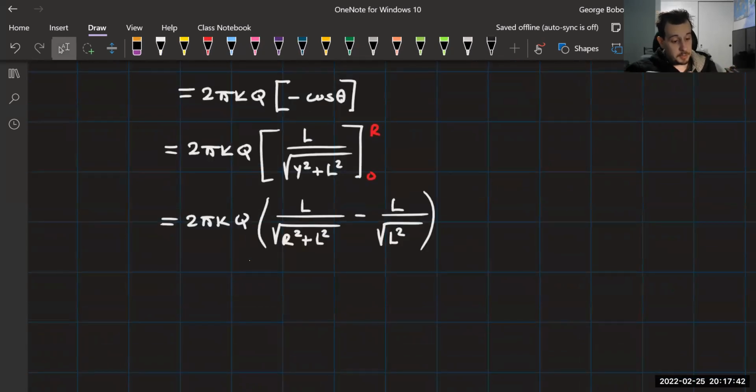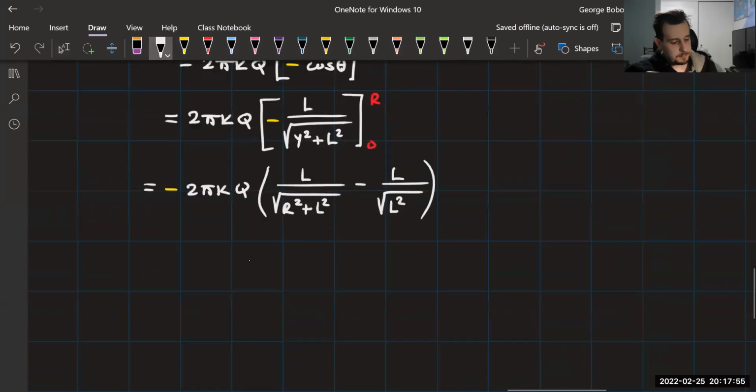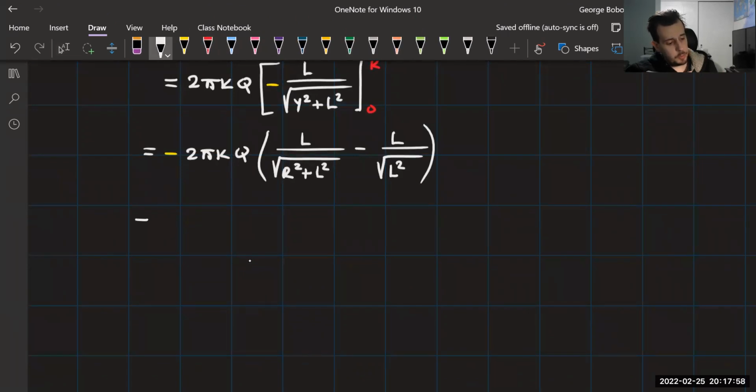Ah, I forgot the negative. I almost did it again. If you keep the negative outside, we're going to have to distribute it eventually. We get 2 pi kq, and inside we have, let's write it like this, 1 minus this guy.